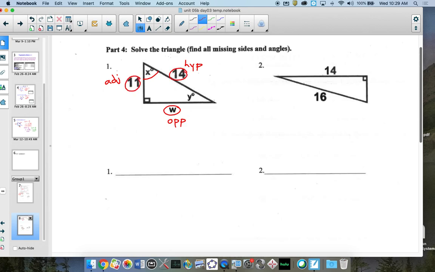So in this case, it's adjacent and hypotenuse. So you're going to set up an equation, cosine of x equals 11 over 14, and solve for the angle x. Now, you don't have to do that again for angle y, because we know this one's 90, and if you figure out what x is, you can subtract those from 180 to figure out what y is.